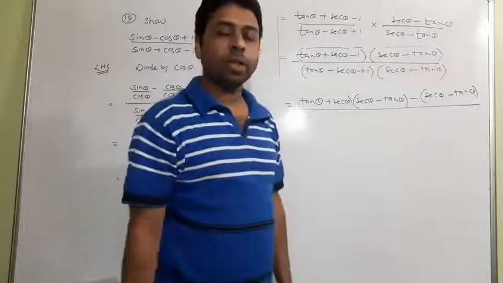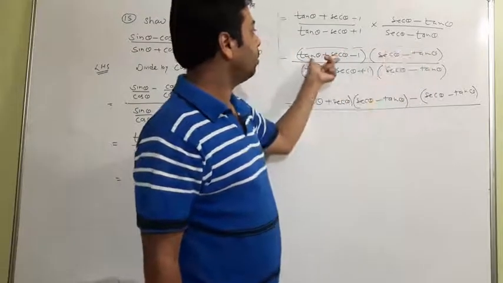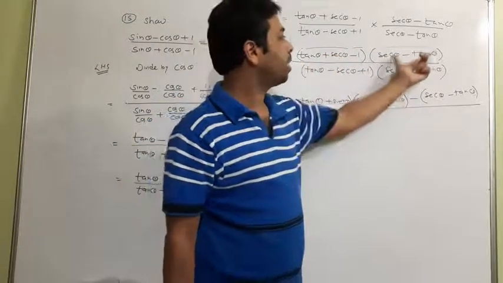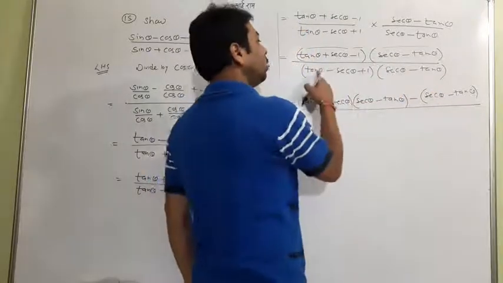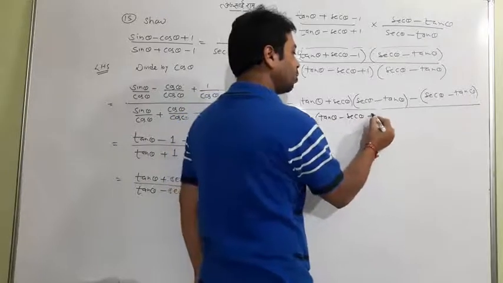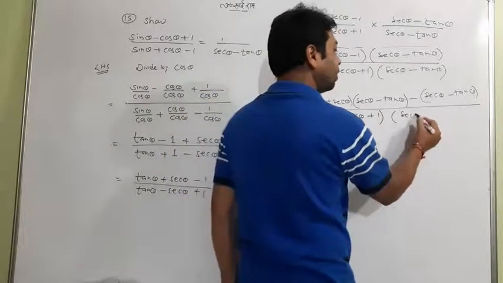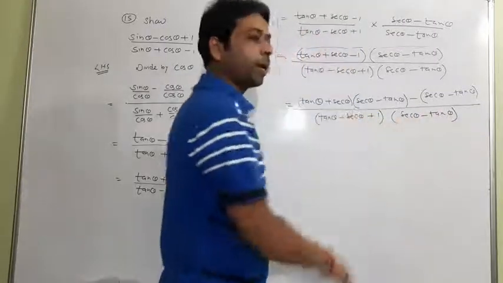Hope this is coming to your mind. So this whole term is multiplied in this term, I'll get both terms, and this multiplied by 1, I'll get this term. And what about the denominator? I already told you not to disturb that term, because ultimately we need sec theta minus tan theta. So I don't want to multiply that term inside the bracket.